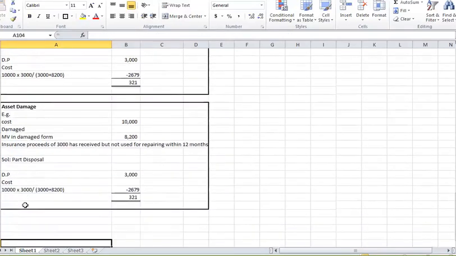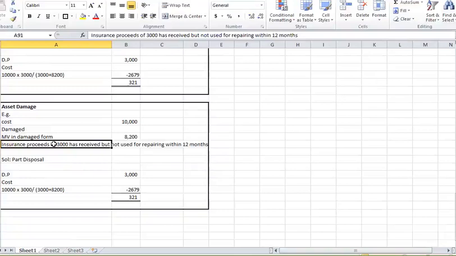Let's consider another example. We have purchased an asset for £10,000. The asset has been damaged, and the market value in the damaged form is £8,200.